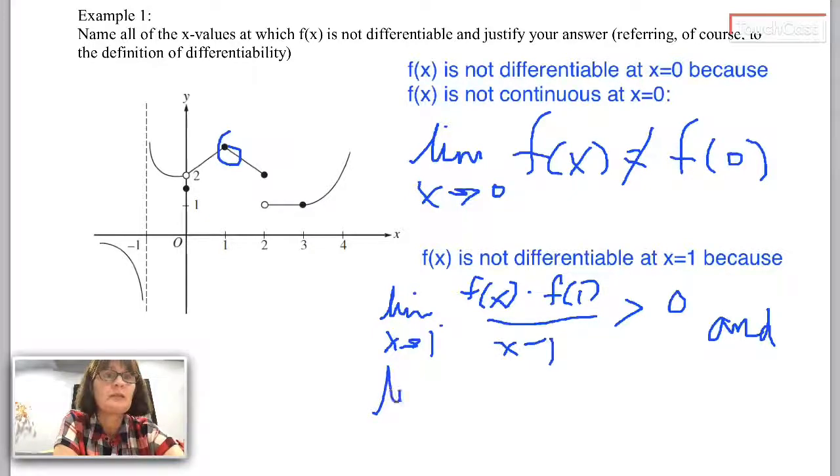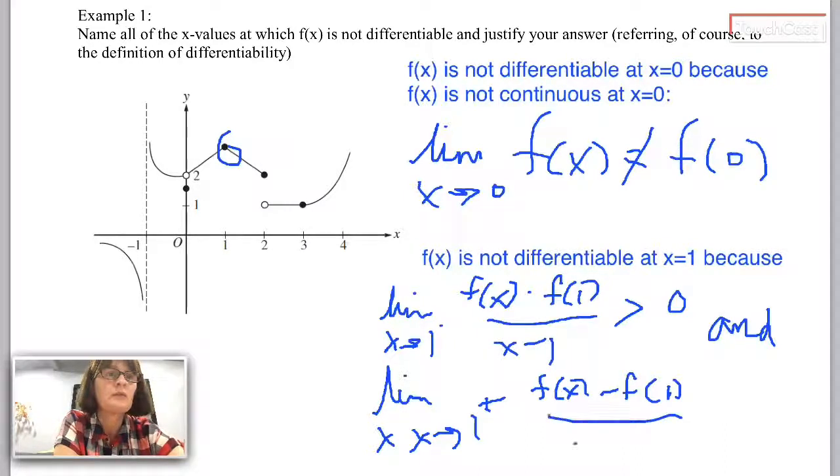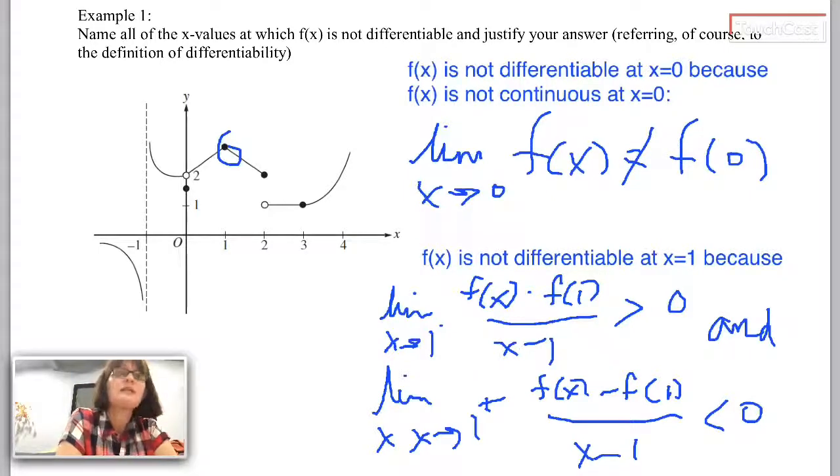And the limit as x approaches 1 from the right of f of x minus f of 1 over x minus 1 is less than 0. So the limit as x approaches 1 from the left of f of x minus f of 1 over x minus 1 is not equal to the limit as x approaches 1 from the right of f of x minus f of 1 over x minus 1. I wrote the letter x twice there.